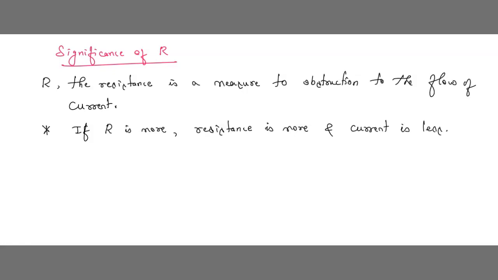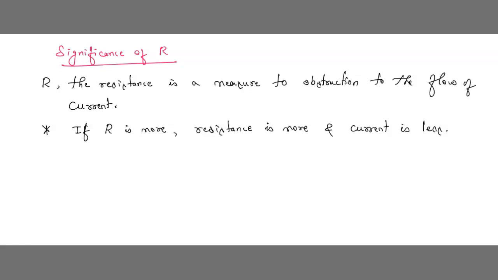So this is the significance of R. It helps us to measure the obstruction to the flow of current, how much of the flow of current is blocked, that is what we identify from R. If R is more, resistance is more and current is less.